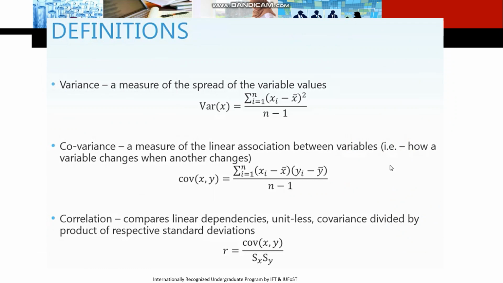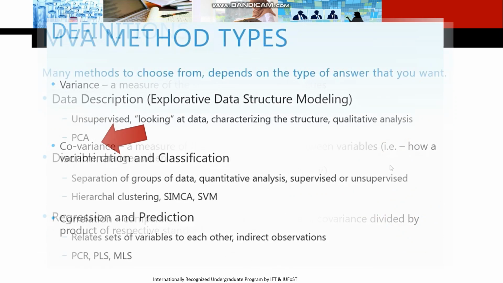Variance is a measure of the spread of a variable's values, and covariance is a measure of the linear association between variables, how a variable changes when another changes. Here are the functions you may read directly, and we also covered these functions in last week's lecture. Correlation compares linear dependency: it is unitless covariance divided by the product of the respective standard deviations.